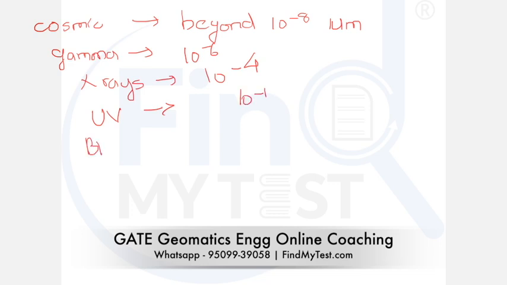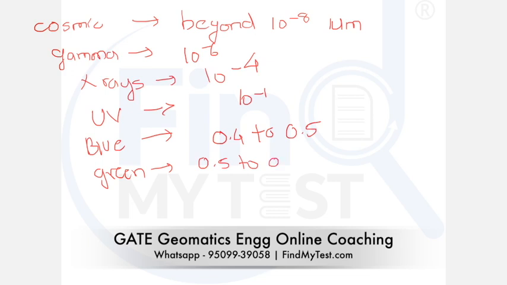Then comes blue, which lies between 0.4 to 0.5. Then green, 0.5 to 0.6. Then red, 0.6 to 0.7. This is our visible spectrum.